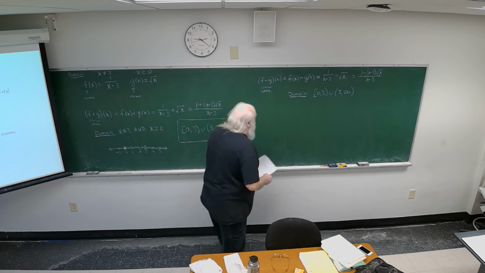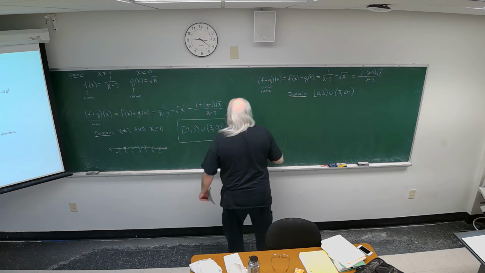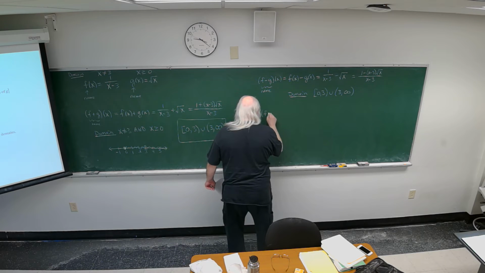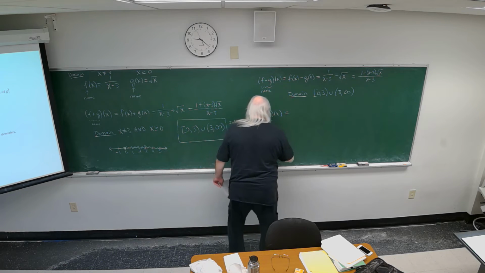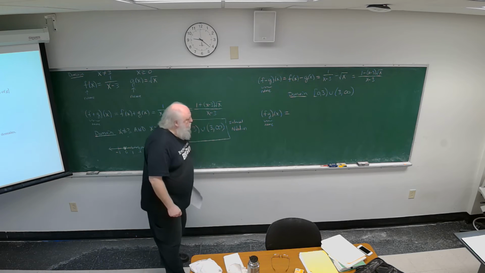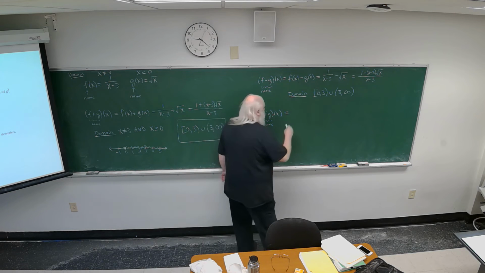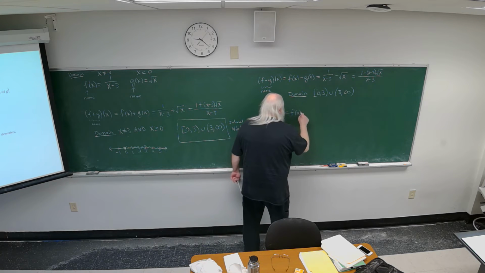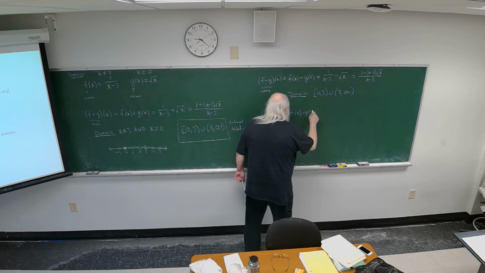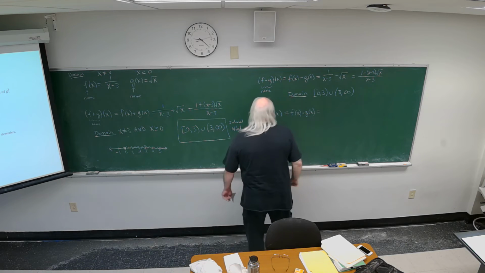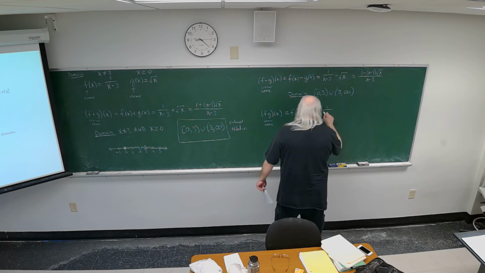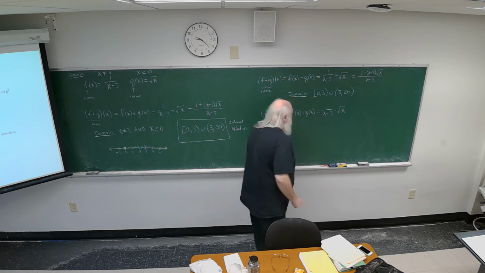Okay. The third function we can create from f of x and g of x is fg of x. Again, fg is the name of the new function. And we find fg of x by multiplying f of x and g of x. F of x is equal to 1 over x minus 3, and g of x is equal to the square root of x.